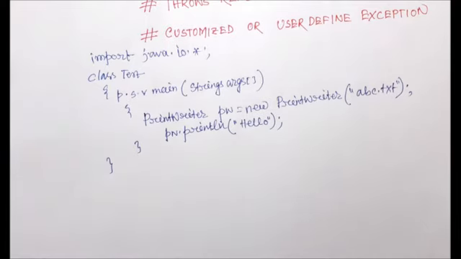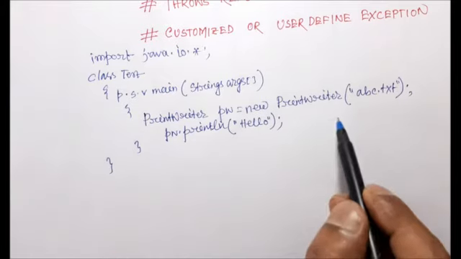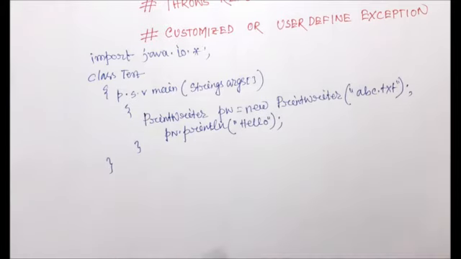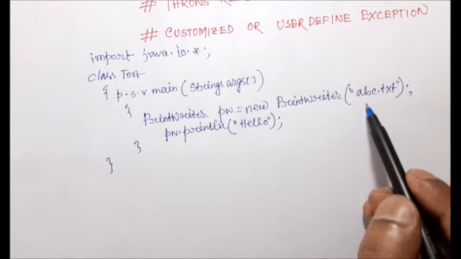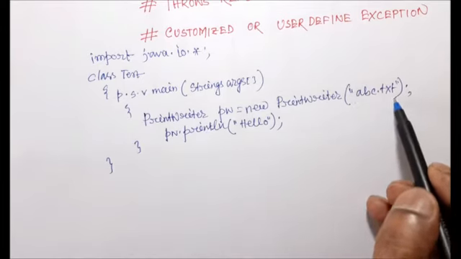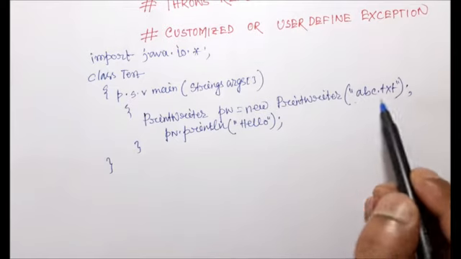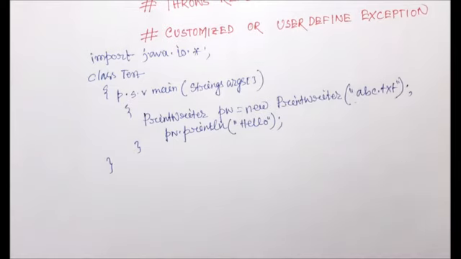Why? Because here I am using a PrintWriter object and passing the argument abc.txt file. I want to open this abc.txt file, but it may happen that the file is not available. That kind of exception is a checked exception.